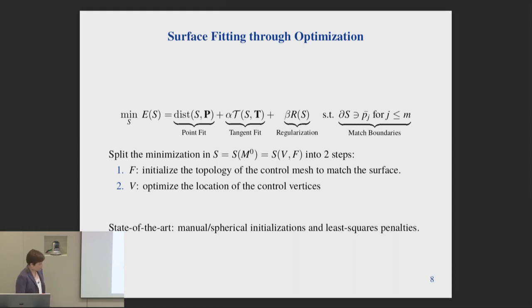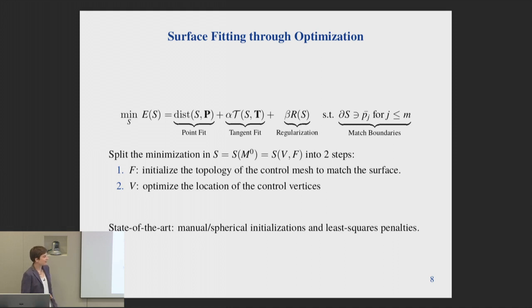Once you parameterize your surface with the subdivision, it means that the variables of your optimization are both the faces and the vertices of your control mesh. But optimizing over the faces is a combinatorial problem that we cannot solve in a reasonable amount of time. So we split the optimization in 2.